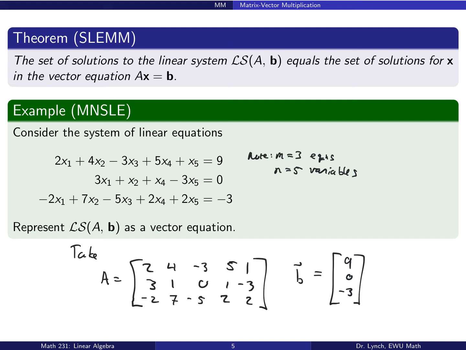Here's that matrix A with 3 rows and 5 columns, and then of course our vector of constants B is 9, 0, minus 3. So again, the take-home message here is that solving LS(A,B) is the same as solving AX equals B for some unknown vector x. And again, that vector x should be a vector with 5 components representing those 5 variables.